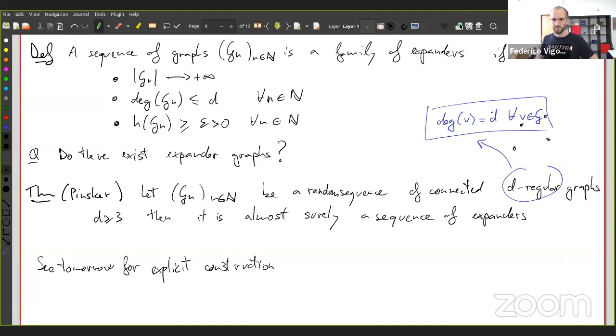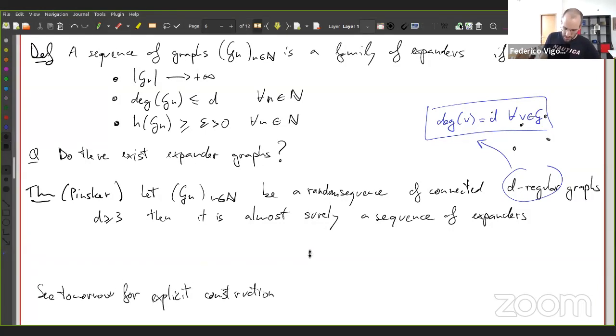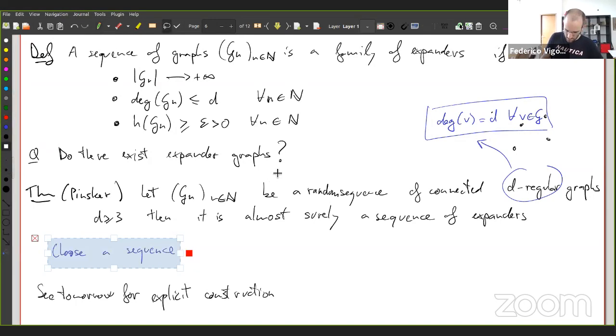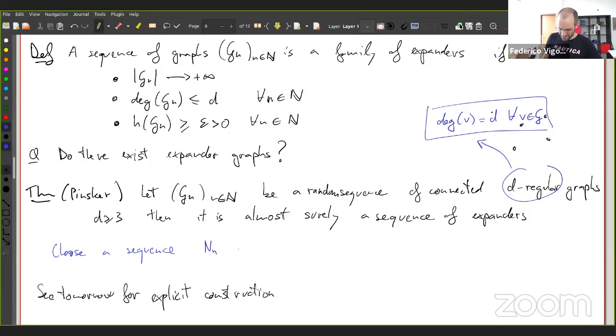In this specific case, you first choose a sequence of cardinality n, and then pick G_n uniformly at random.